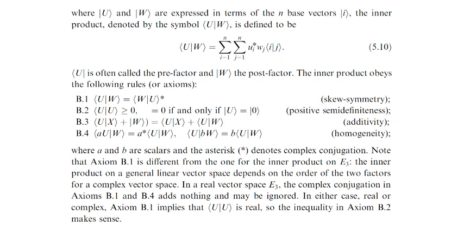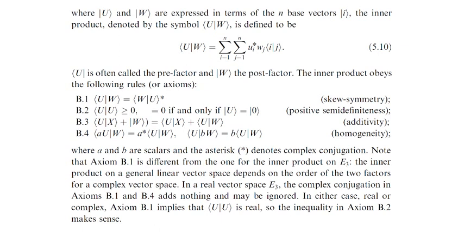Now the inner product of u and w is represented by the symbol bra u ket w. So this bracket notation indicates the inner product of two vectors. Here we have written the inner product of u with w. I would like to mention at this point that bra vector u is the conjugate of ket u. So while writing the right hand side, it would be u_i star w_j times the scalar product of i and j.